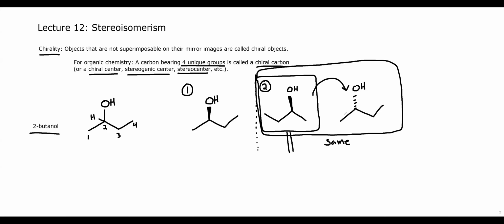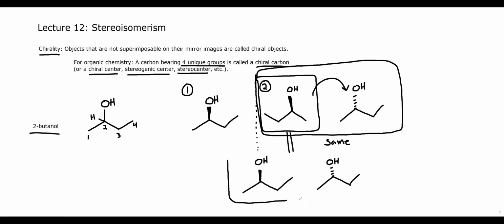So let's compare 1 and 2. After we flip it there, we have molecule 1 where the OH is a wedge, and then we have molecule 2 where the OH is a hash.